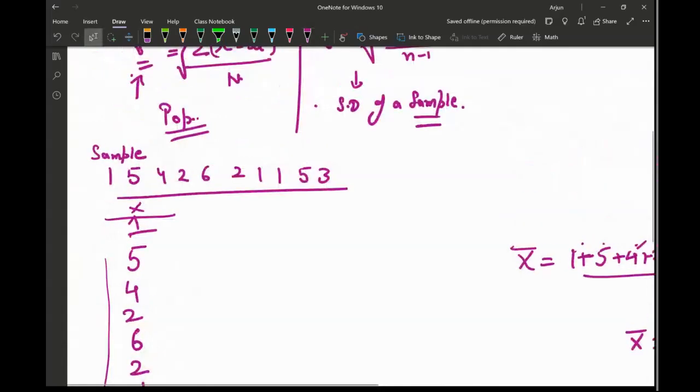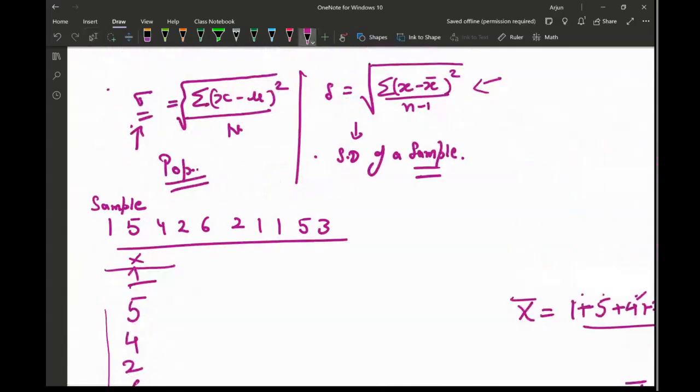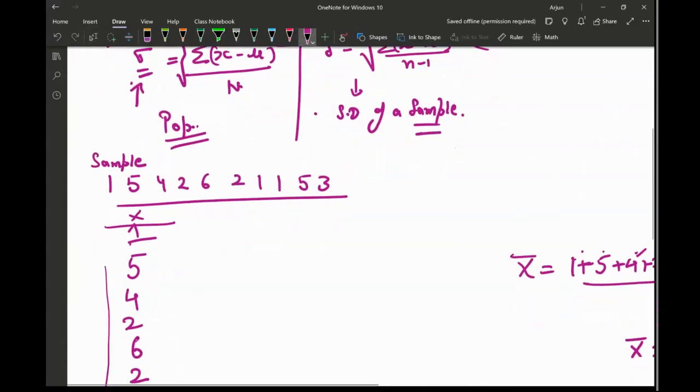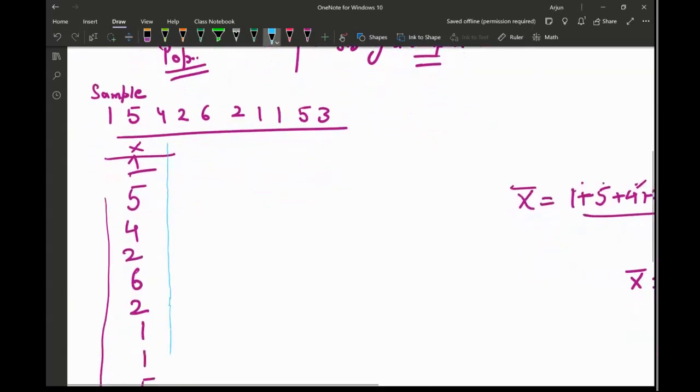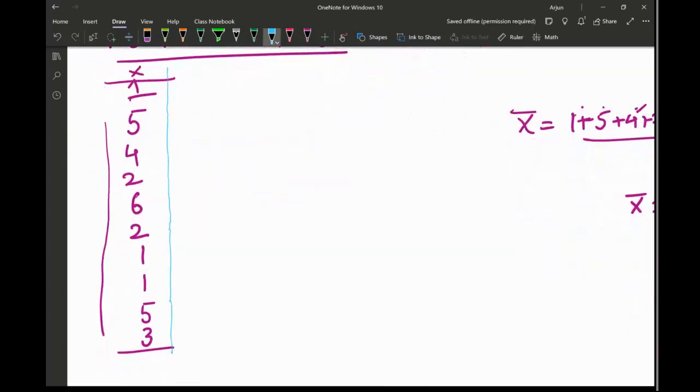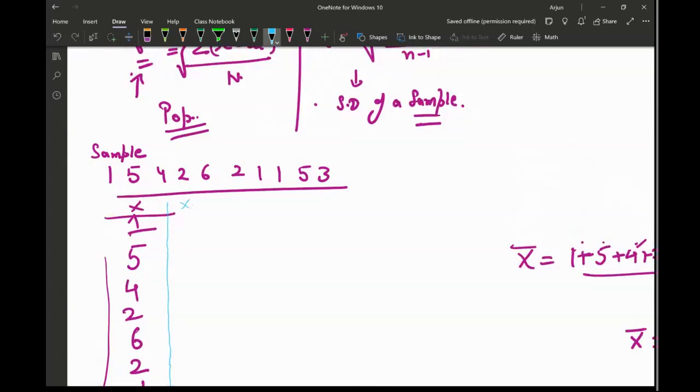Now here I want to calculate x minus x bar. For that I will draw a line here, and then I will calculate x minus x bar. That's what I'm going to try and calculate.